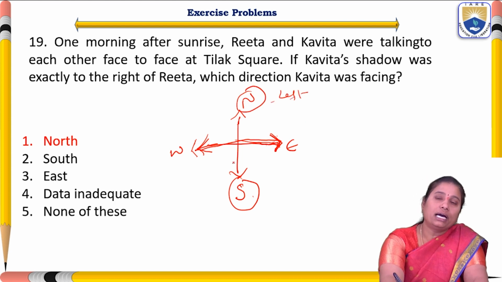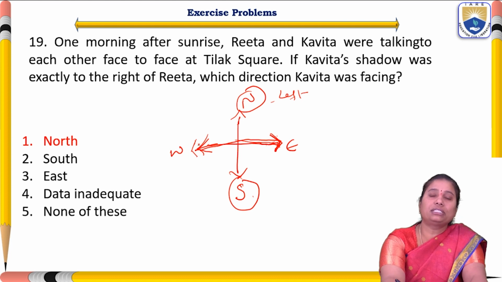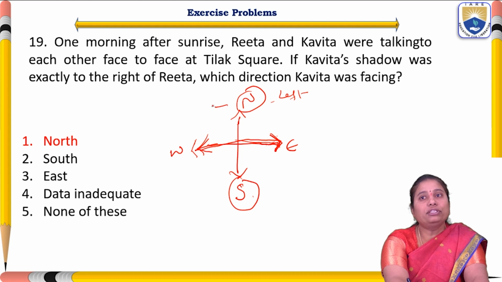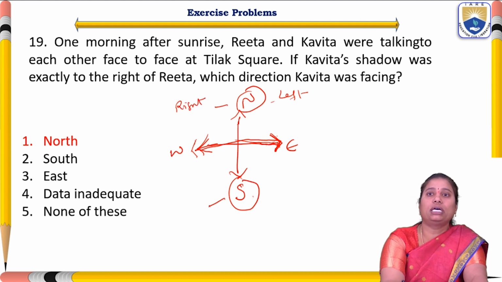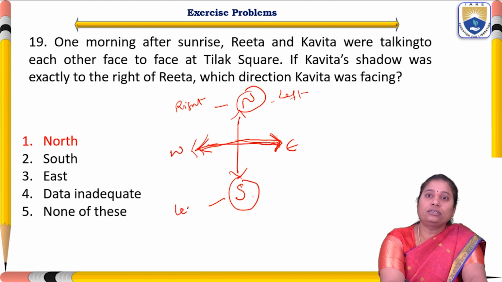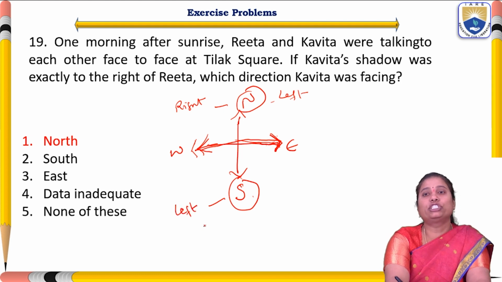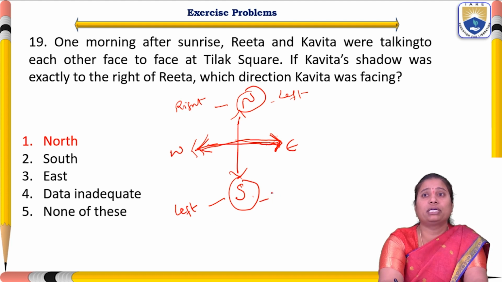In the evening, when the sun is at the west position, the shadow will be in the north direction on the right, and the south direction means it is the left position. So if it is morning, we will consider this formula.